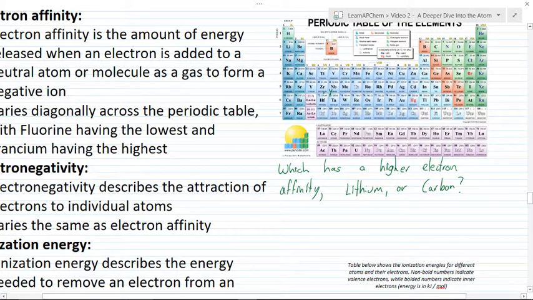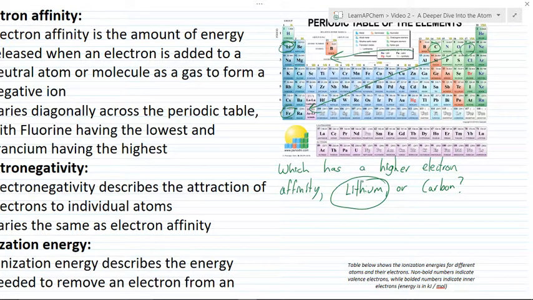As I talked about, we have this diagonal trend. As we go down this way, we're getting a greater and greater electron affinity. Obviously, lithium has the higher electron affinity because it is to the left of carbon, and that's the general trend.